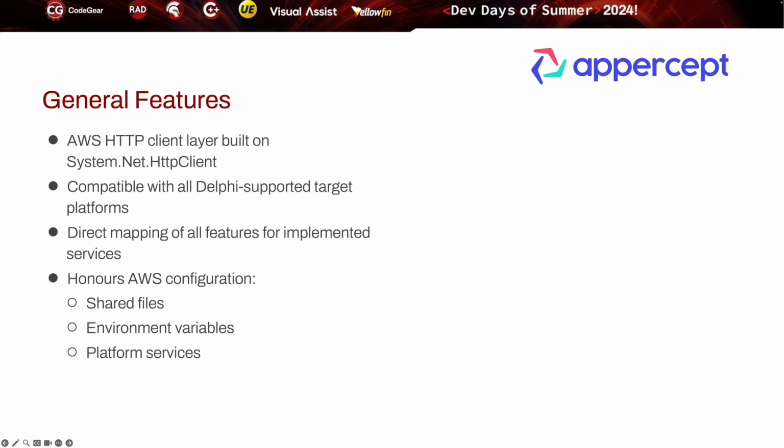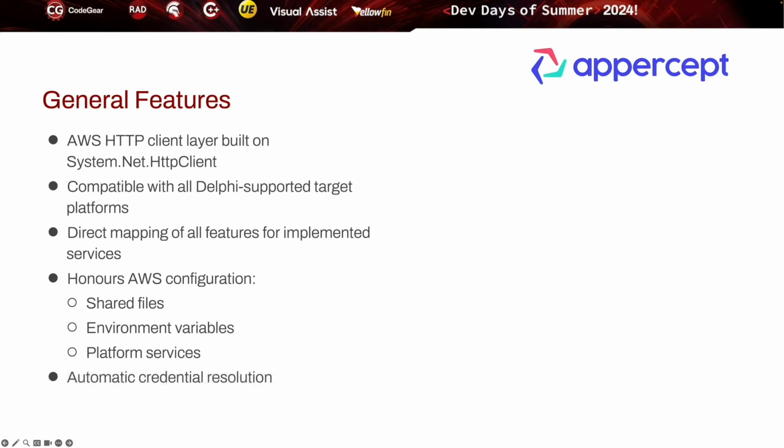We also support the platform services that Amazon supports. So if you're deployed on EC2, there are platform services that provide credential information to your application at runtime, which means you don't have to bake credentials into your actual application. You can dynamically load them in.